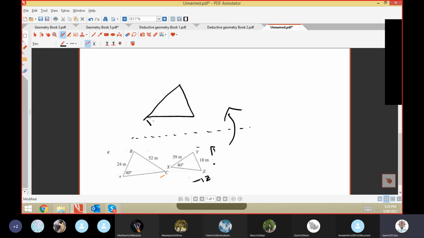X will still be here, but when you flip it, see how Y is closer to your line? Y is this length, so that should be Y. That guy has to be Y. And then again, since that's Z, further from this line, that guy's going to be Z. And if you see something like this, you can still see that's 40 degrees.